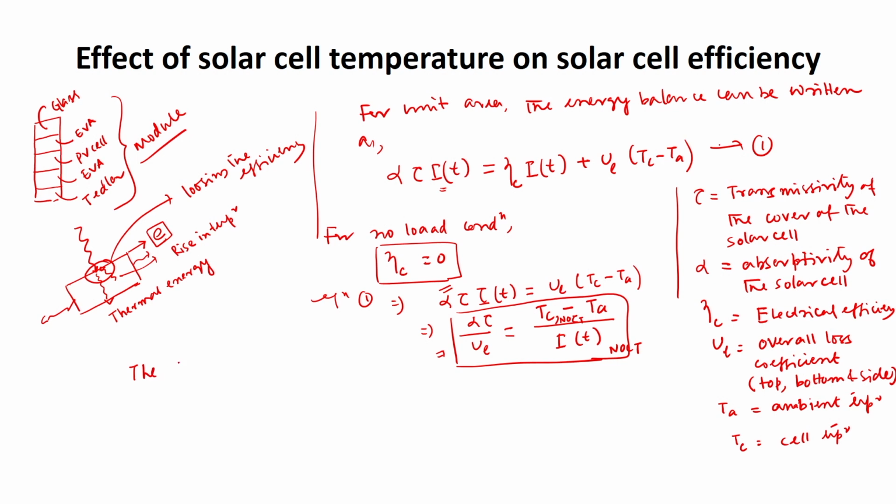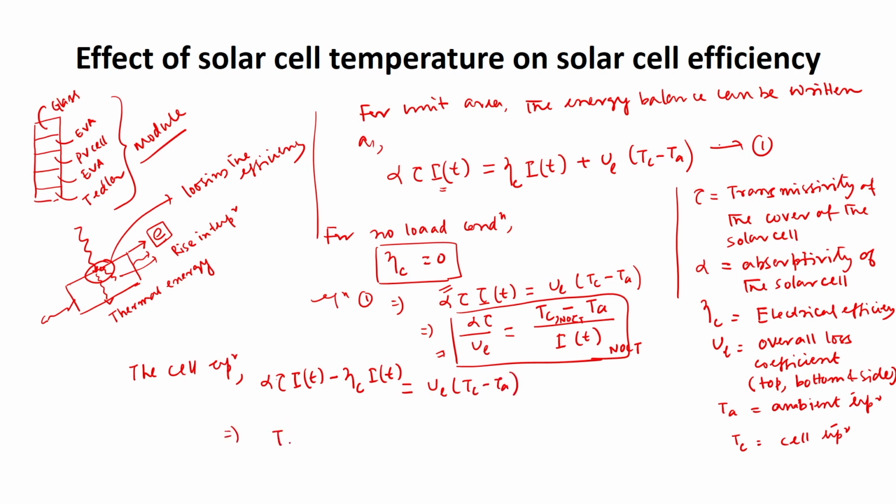The cell temperature can be calculated as: alpha tau I t minus eta c I t is equal to U L into T c minus T a.